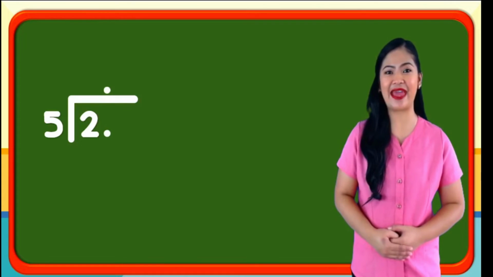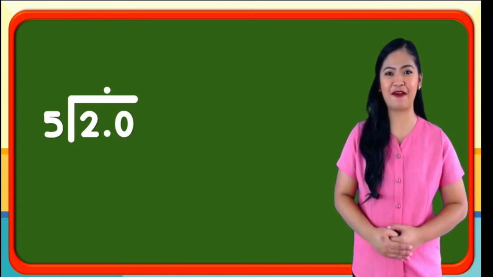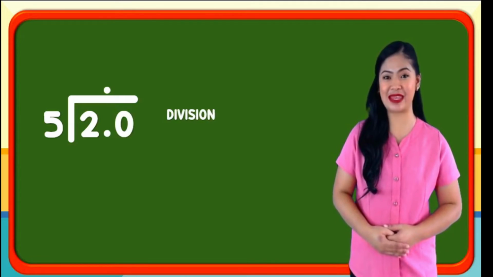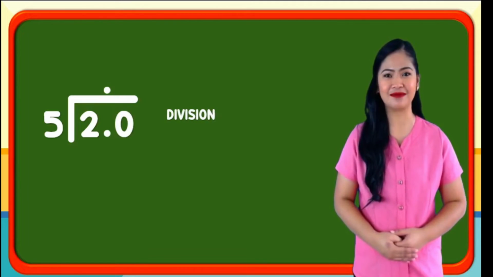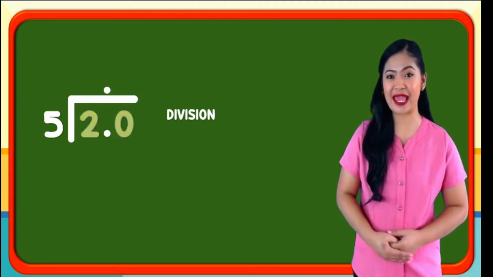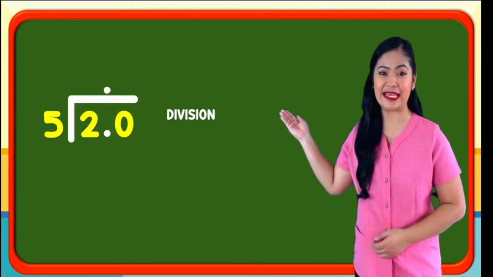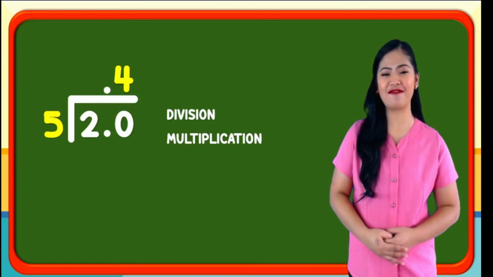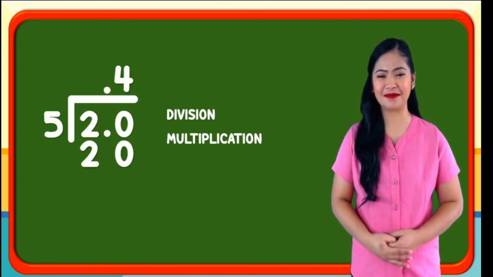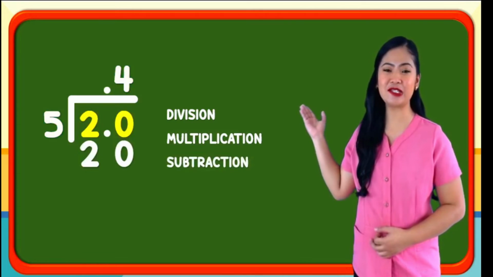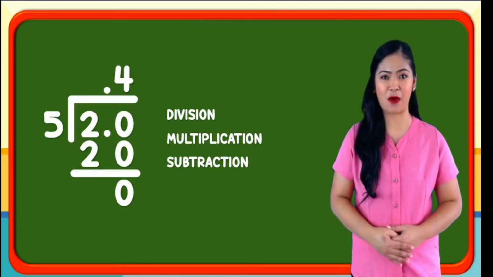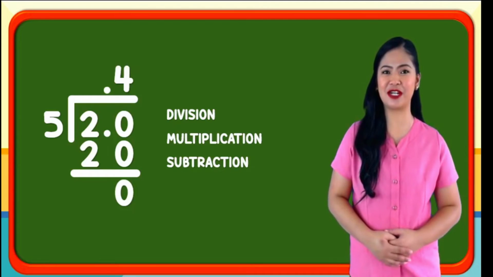Then, annex or write 0 after the decimal point. So now, we can assume that the dividend is 20. We now have 20 divided by 5 is 4. Then, 4 times 5 is 20. 20 minus 20 is 0, which leaves us now with a remainder of 0.